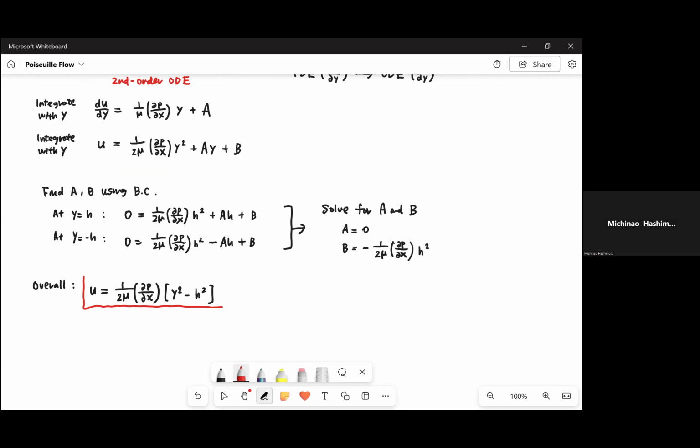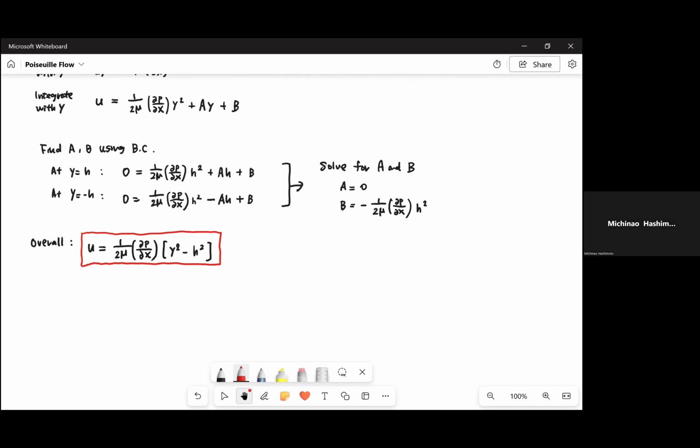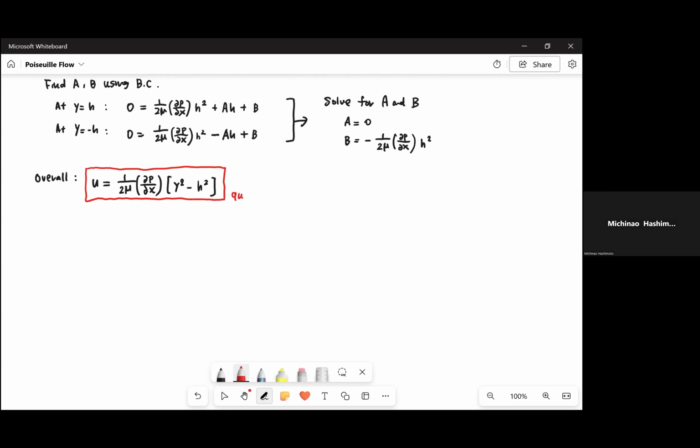This is the solution, and if you take a look, this is a quadratic, second order in y. Previously, for the Couette flow, the velocity profile turned out to be linear, but in this particular case, it turned out to be quadratic.